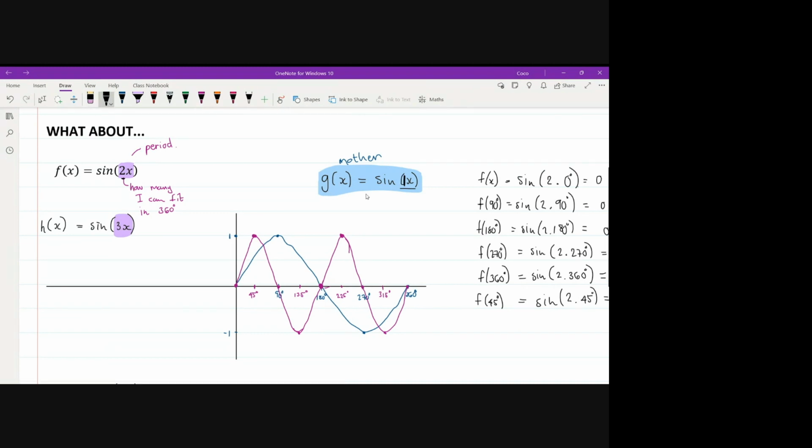The period of my mother graph is 360 degrees, because that's how long it takes to make one full wave. If we look at this graph of f of x, how many degrees did it take us to make one full wave? Not 360, not this one, that one, my darling. Look at the purple graph. How long did it take us to go up and then down and then back to the middle again?